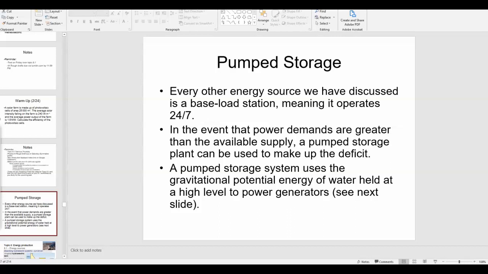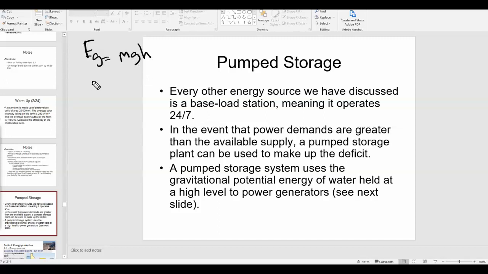And so the basic way a pump storage system works is that it uses the gravitational potential energy of the water held at a high level, and that energy transfers to power generators. Okay, and so just to recap, when we talk about gravitational potential energy, we're talking about E_G, we're talking about mgh, and all of that kind of thing.